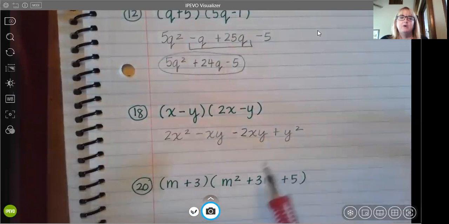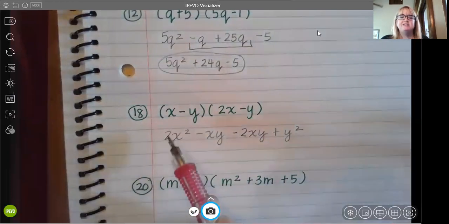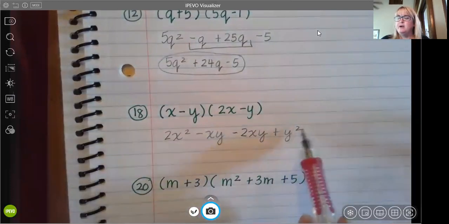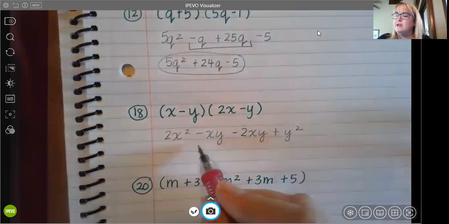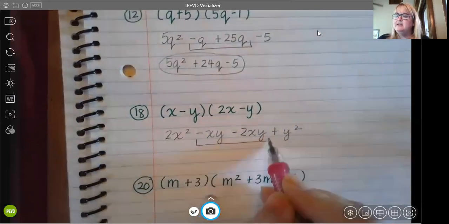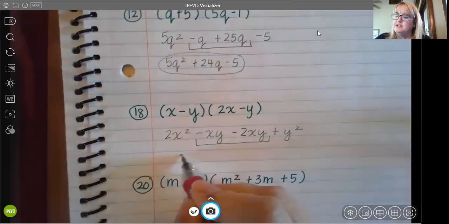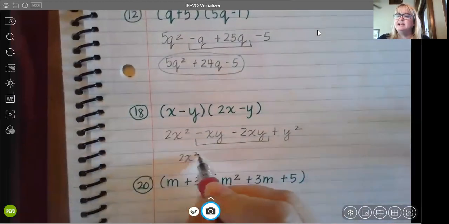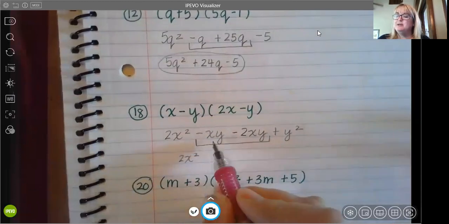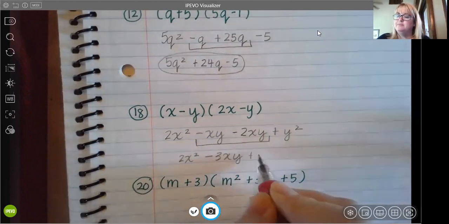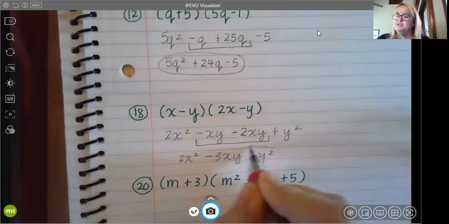All right, so our 2x squared and our y squared, they're going to stand alone, but we can combine negative xy minus 2xy. So we've got 2x squared. This is like negative 1xy minus 2xy would be negative 3xy, and then plus y squared. So there's your answer there.